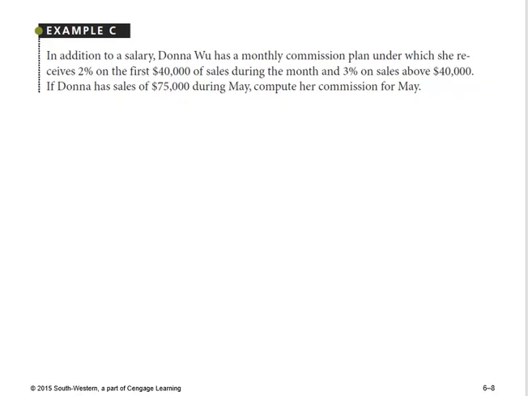The first thing I want to figure out is how much of the sales go toward each commission rate. She had total sales of $75,000, and I want to find the first $40,000, so I'm going to subtract $40,000.